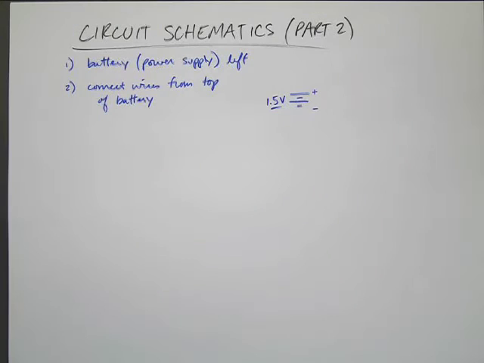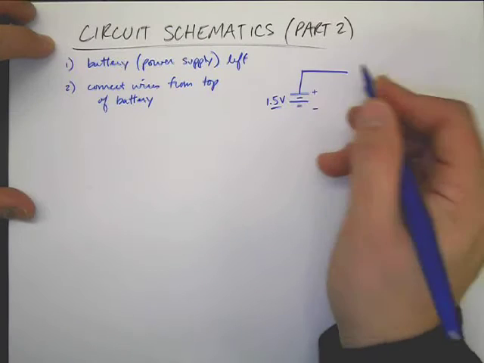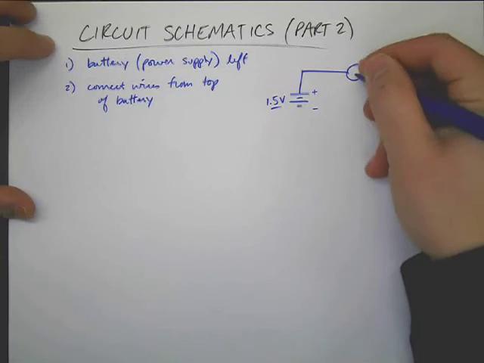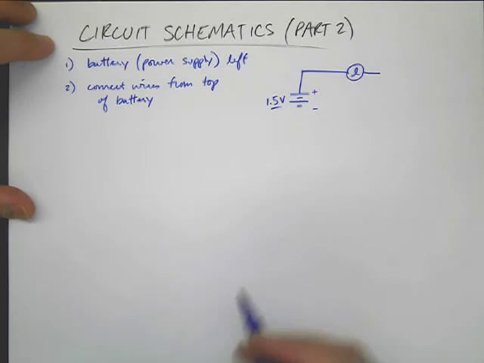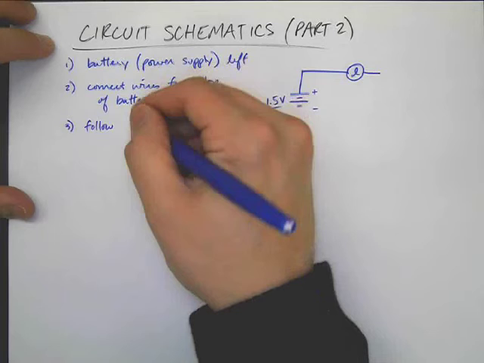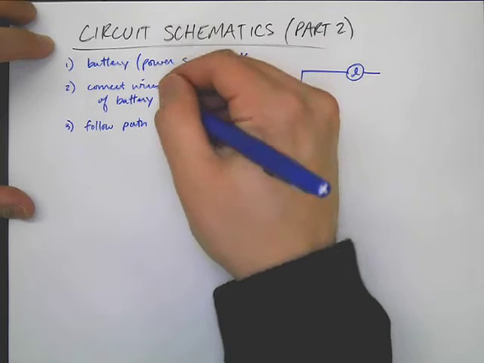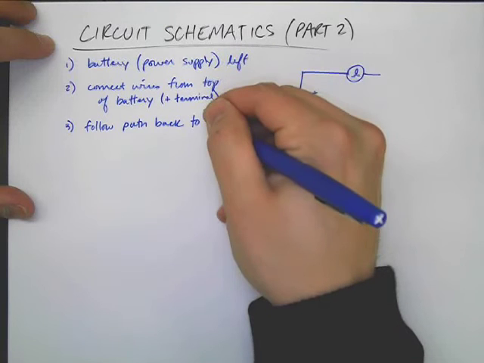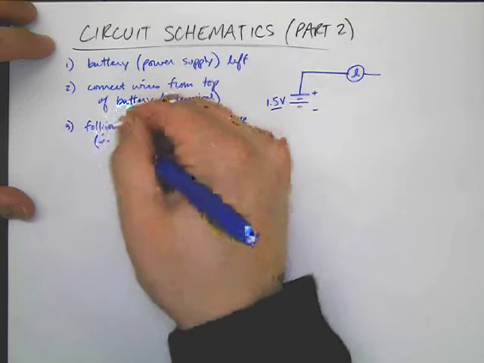So in this circuit, let's just build a simple circuit with a light bulb in it. So I'm going to come out of the top, come over, and then I'm going to put my light bulb in the circuit. I draw it straight into the light bulb, and then I'm going to follow a path back to, this is the positive terminal at the top, back to the negative, which is the minus terminal.